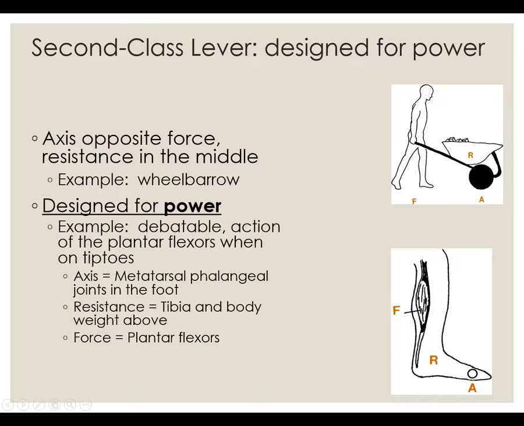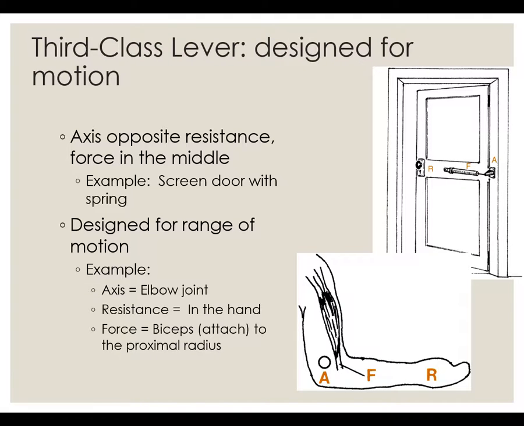Third class lever designed for motion. Axis is opposite of the resistance and the force is in the middle. It's designed for range of motion when it comes to the human body. A great example would be the elbow joint. So you have your axis here at the elbow. The resistance would be whatever's in the hand or the hand itself.